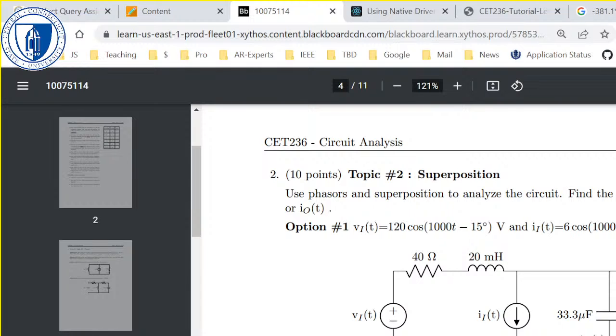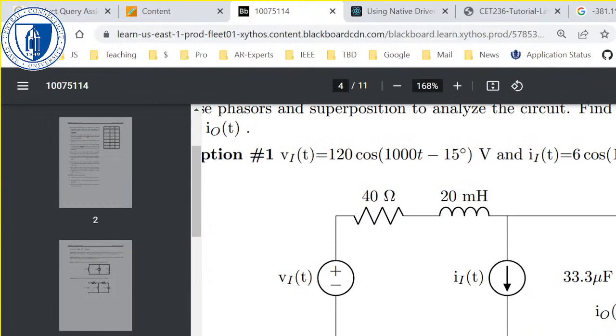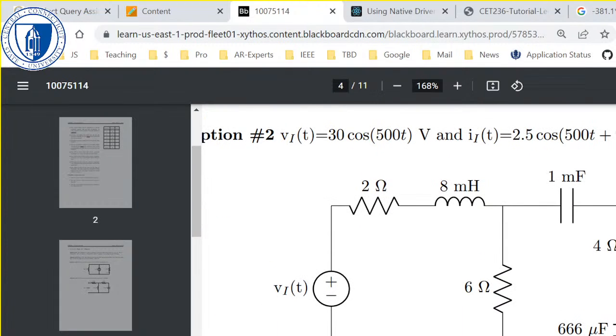Here we've got a voltage source and a current source. We replace the voltage source and analyze just with the current source. We replace the current source and analyze with just the voltage source. And it all just works the way you would expect. Here's another one.